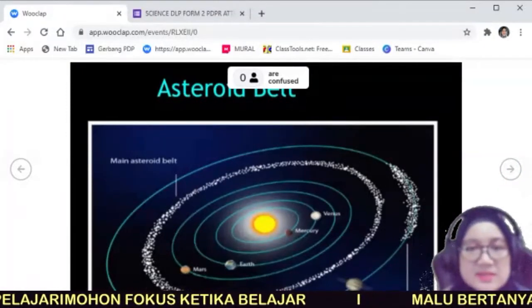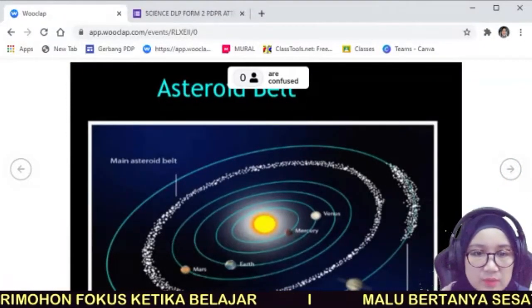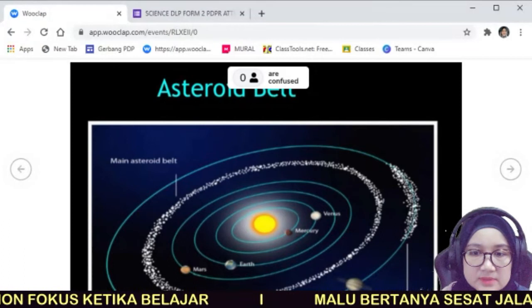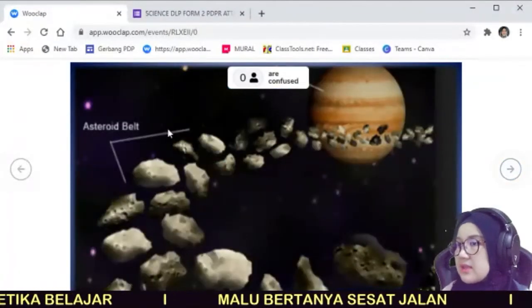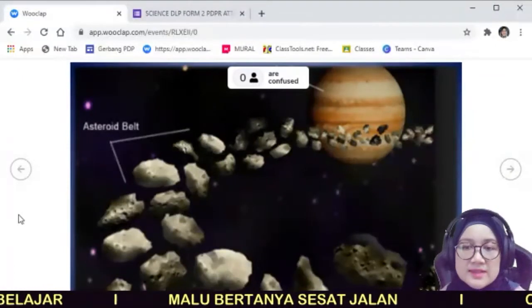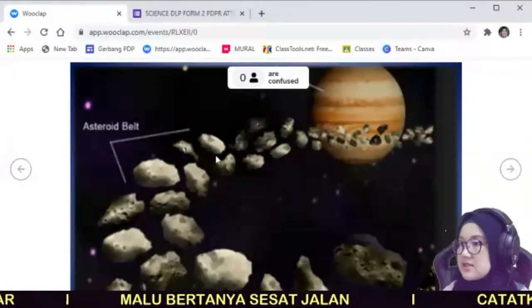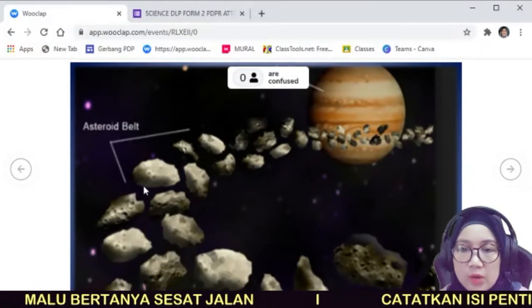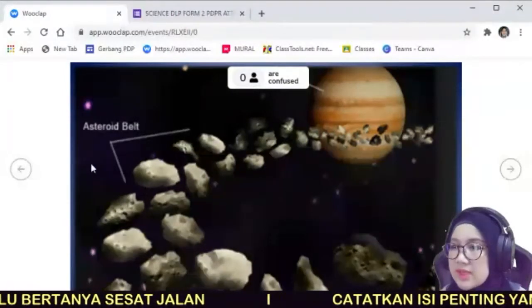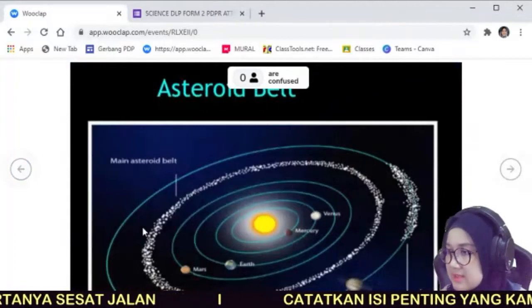Okay, what is asteroid belt? This is what we call asteroid belt. Okay, so this is also how it forms. Actually, the asteroid belt is far away from us, so as we can see, it looks like this.